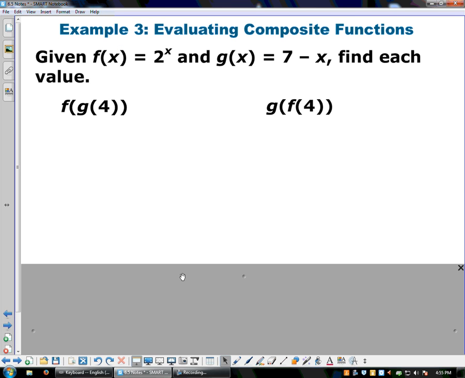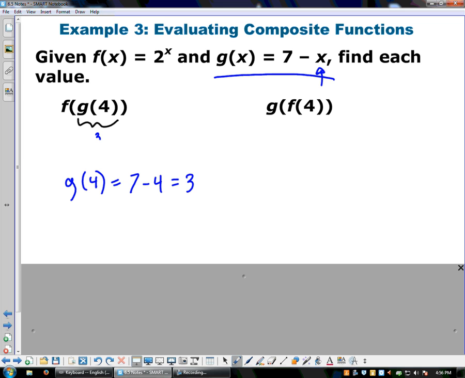All right, so let's take a look at an example. Let's say f of x equals 2x and g of x equals 7 minus x. Find each value. So let's start with this one. If we're going to find f of g of 4, let's work from inside out. Let's do the g of 4 first. Let's do this off to the side. What is g of 4? So we find the g function is right here, and we're going to plug in 4 wherever we see an x. So g of 4 is going to be 7 minus 4, which gives us 3.